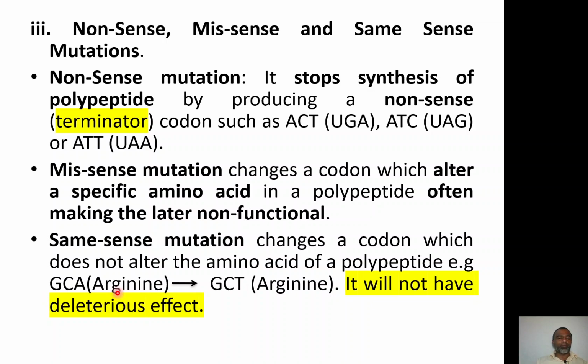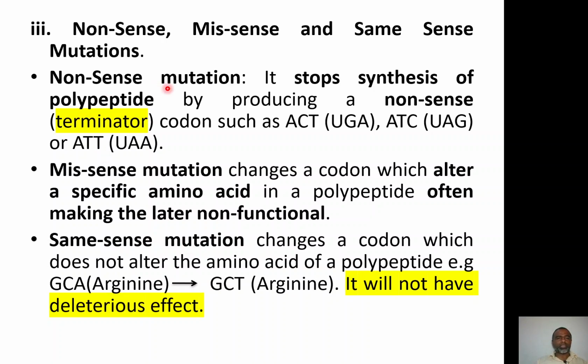So, what change is there, that instead of adenine, now thymine is there, but GCT is again translating for the same amino acid arginine. So, even after the change you are not having any change in the amino acid. So, the sense is same. So, it is the same sense mutation.